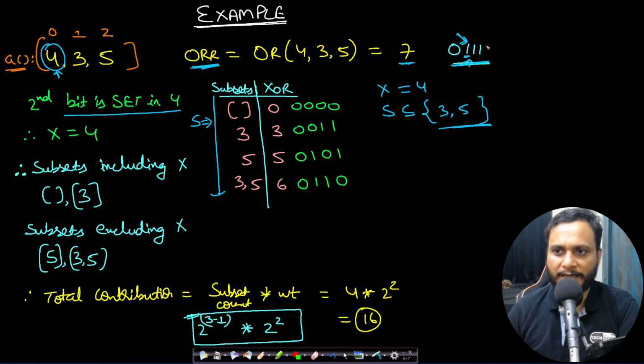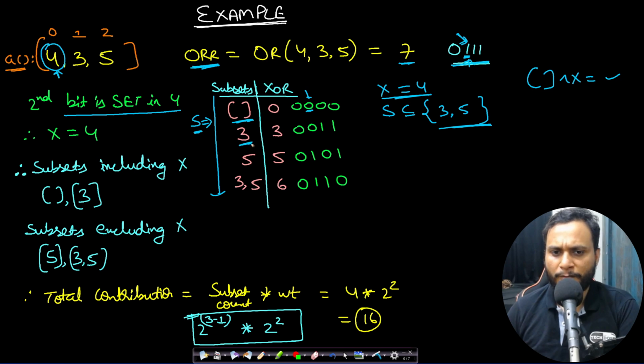The OR value is saying that the second bit will definitely be contributing to the final XOR sum. Now let's see this. This S has the second bit unset. So if you take this empty set and XOR it with X, then the ith bit will be set, because it is unset here and X is guaranteed to have the ith bit set, which I already know. Okay, so this is one subset.